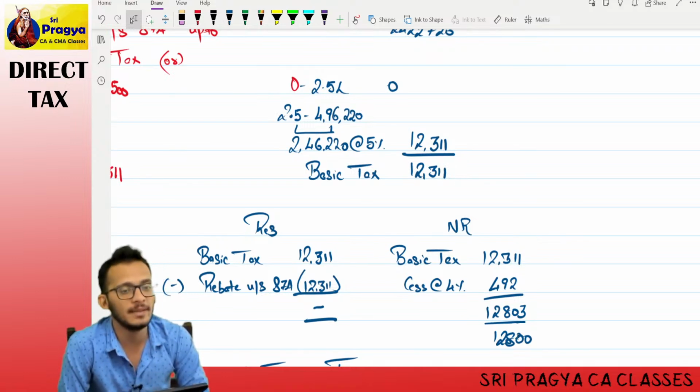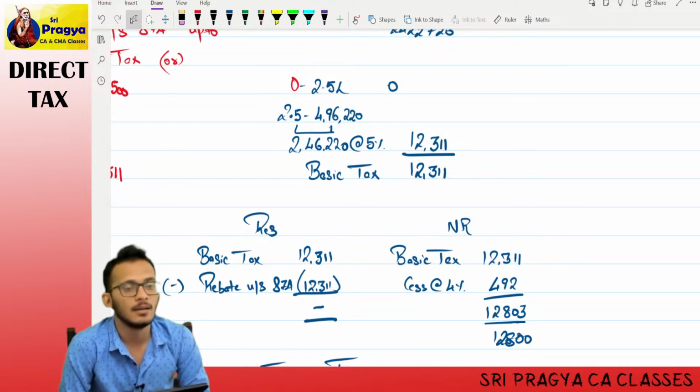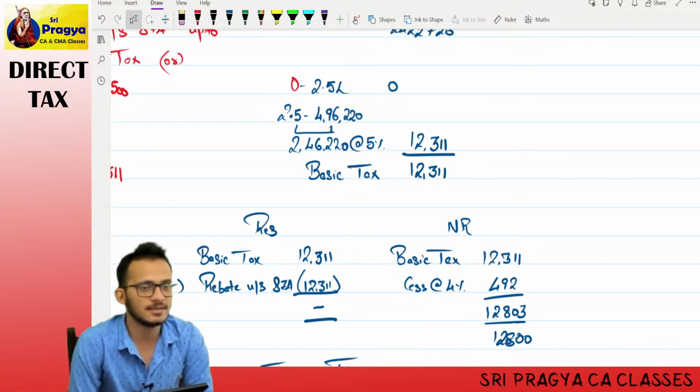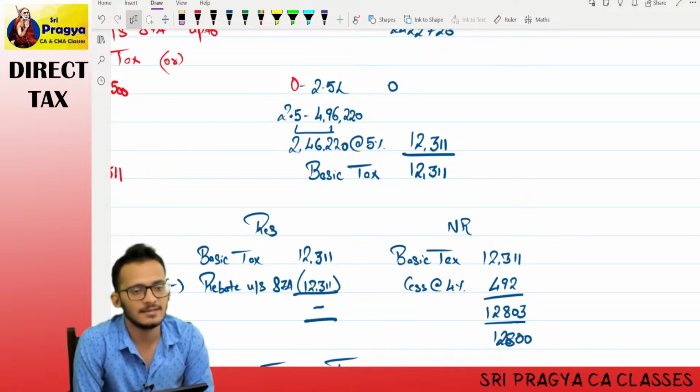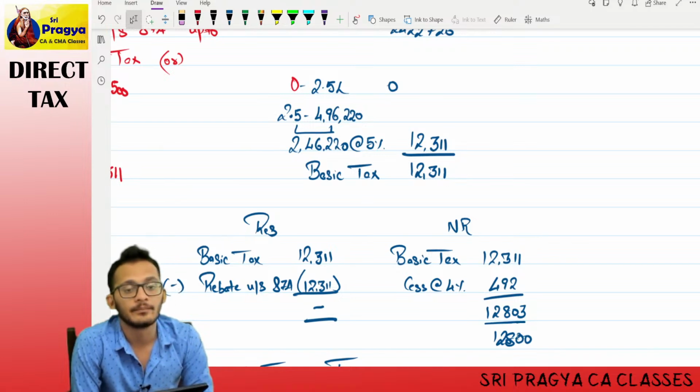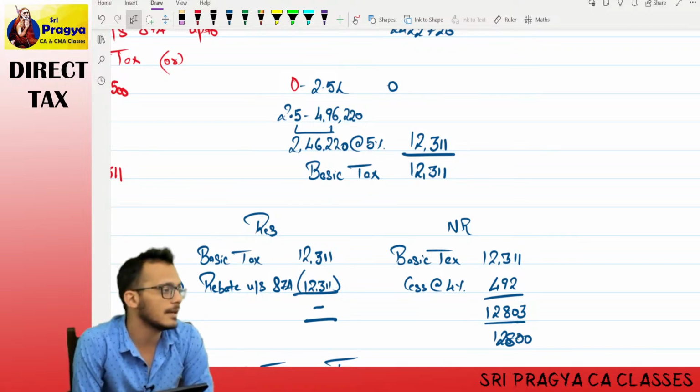So you need to pay me surcharge even if you are a non-resident. Yes or no? Same logic applies for cess. Cess comes and says, anyone who's paying tax in India has to pay me cess. No doubts there. Clear? All clear, everyone?